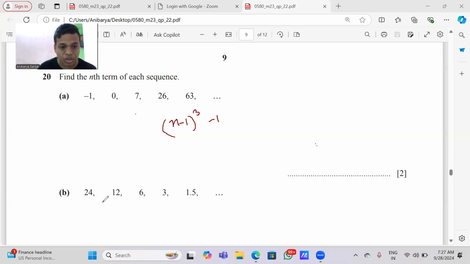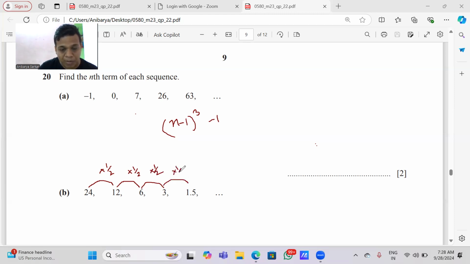Okay. Now next question. This is simply the form of arithmetic progression. Sorry, geometric progression. Why? Because every next number, if you multiply the first number by half, you can get the next number. Or you may say the common ratio is half. Okay.